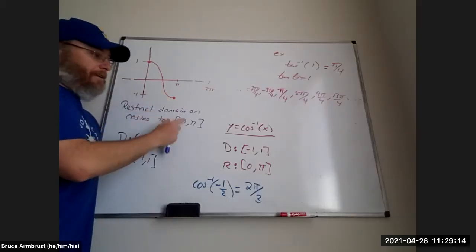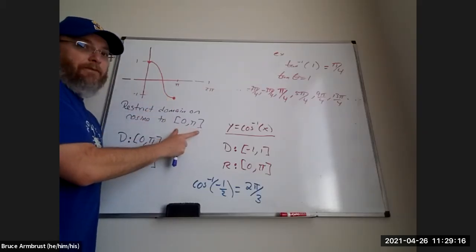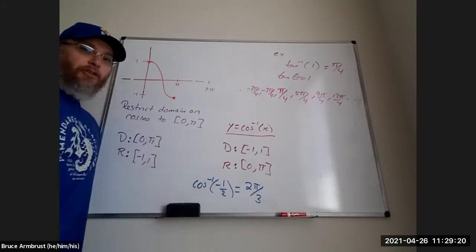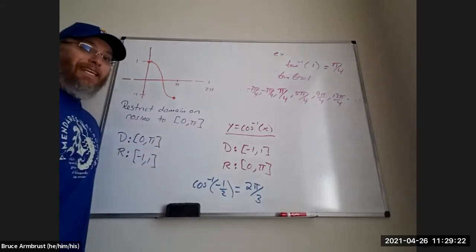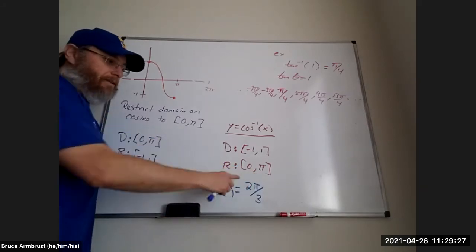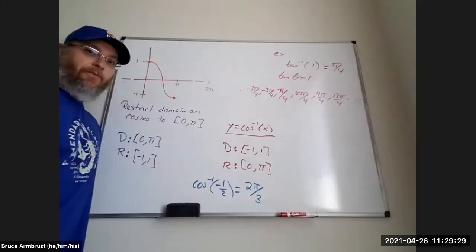So inverse cosine of -1/2, because of the restriction, because of looking at only angles between 0 and pi, is going to be 2 pi over 3, because that's the only angle in this restricted interval whose cosine is -1/2.